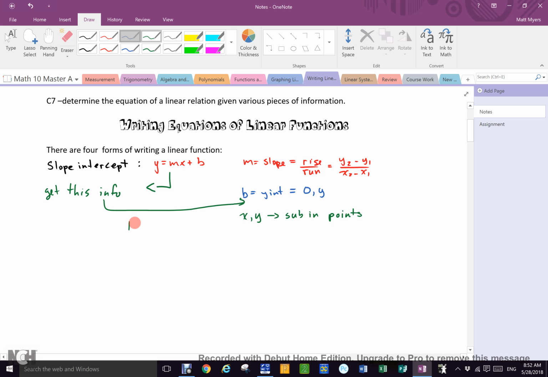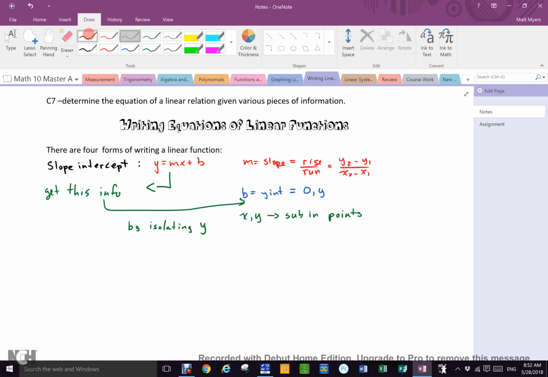Yeah, but what if I don't have this? What has to happen? Yes, I get this info by isolating y. No matter what, if y is isolated, you automatically know the slope and the y-intercept, as soon as you have isolated y, no matter what form you start in.